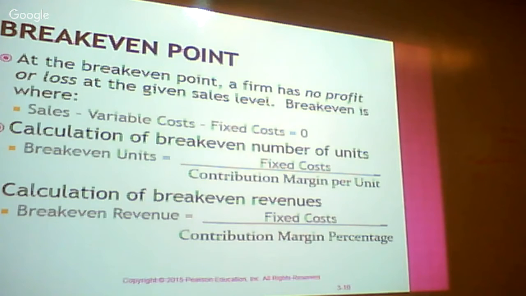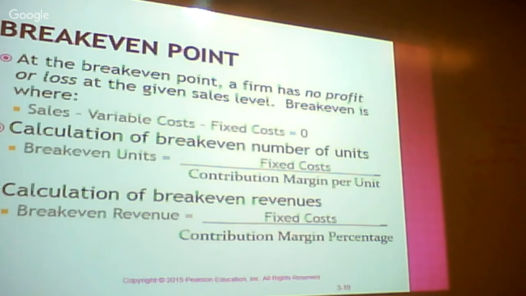Okay? Break-even in revenues, same thing. I take the fixed cost and divide it by the contribution margin percentage. So I take the 100 divided by 300, the 33. So I would take that fixed cost divided by 33%.